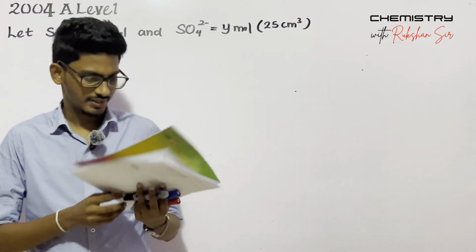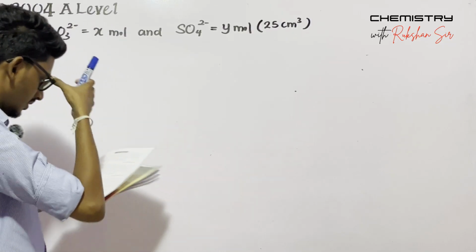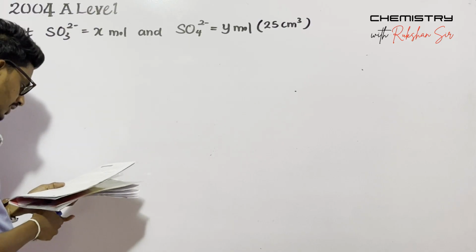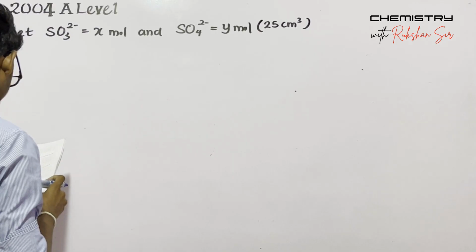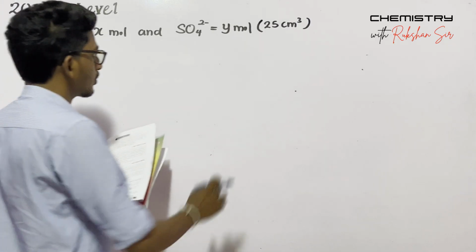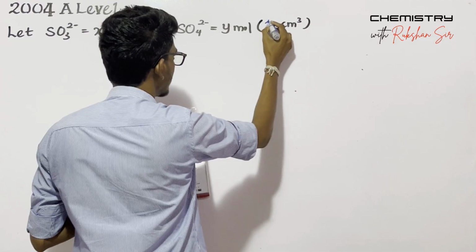The first procedure says, to 25 cubic centimeters of the sample, sorry, to 10 cubic centimeters. This is not 25, this is 10 cubic centimeters.